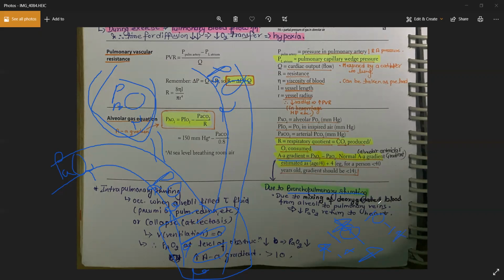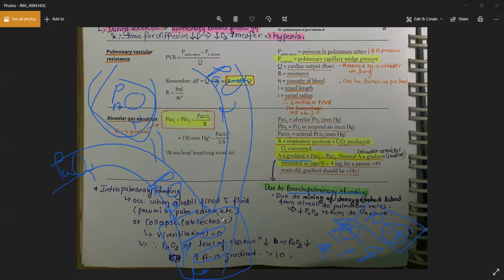So having a gradient level less than 14 is very important. This patient of age around 40 years cannot have an AA gradient of more than 14, right? If he has an AA gradient more than 14, that means this AA gradient is pathologic, not physiologic.